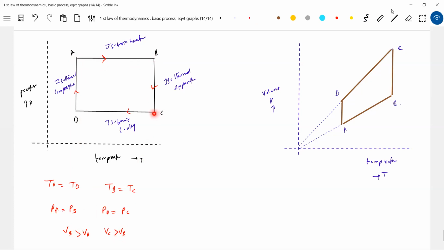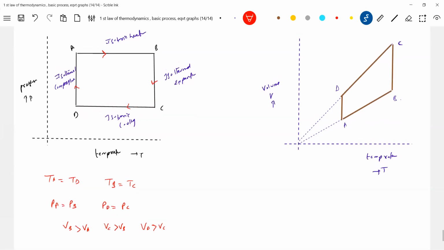In isobaric cooling, as pressure will be constant and temperature decreases, volume should decrease. Therefore VD should be less than VC. So these are the things which will help us to plot the next graph. If you don't know this, it's not possible. We must have this basic information.